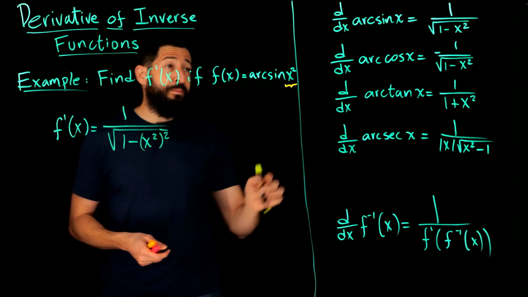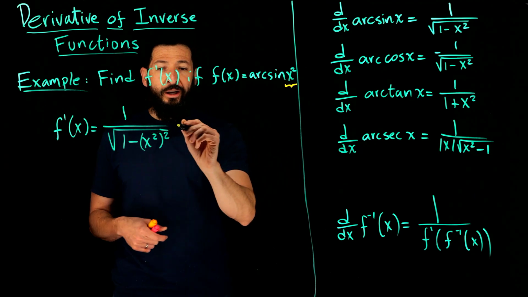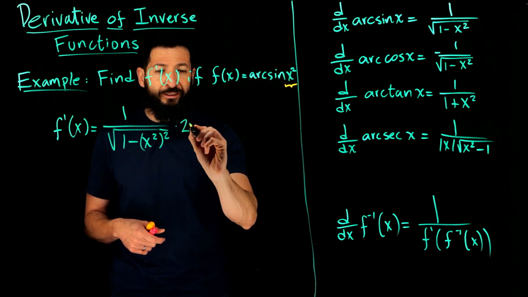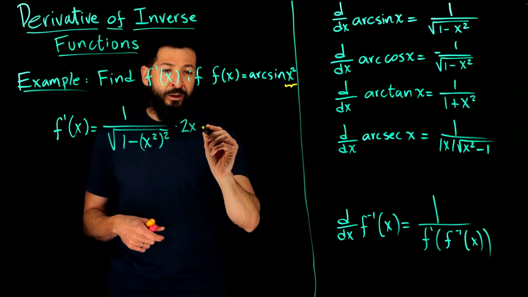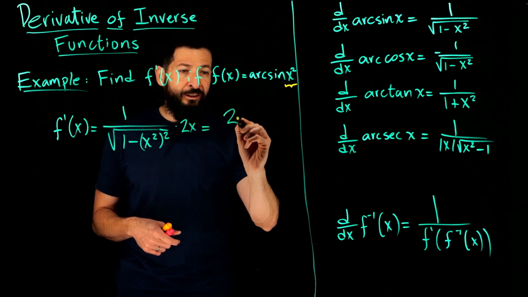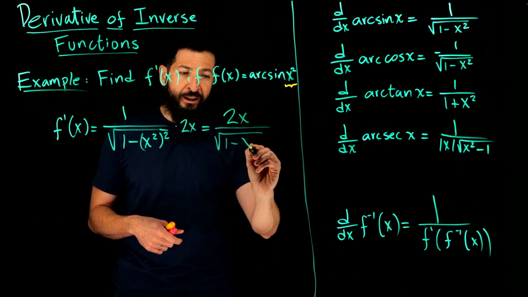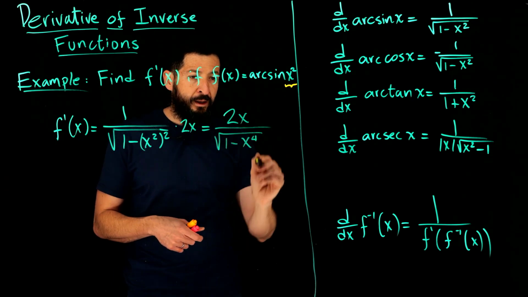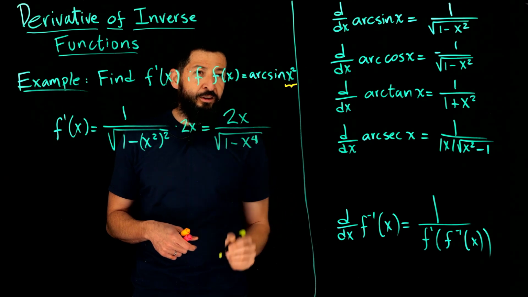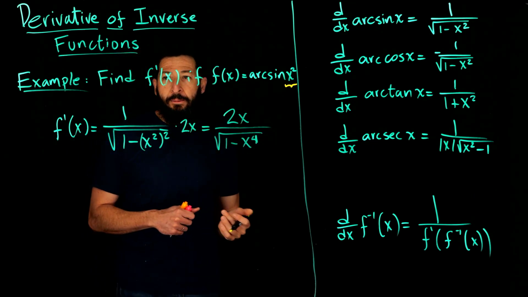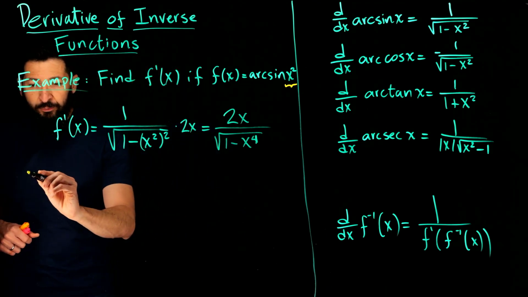Now remember that I'm not plugging x, so I have to pay times the derivative of the inside, which in this case is a 2x. That's the derivative. So when I reorganize it, I just get 2x over the square root of 1 minus x to the 4th. So that right there gives us our derivative. Pretty straightforward. Let's do another one.